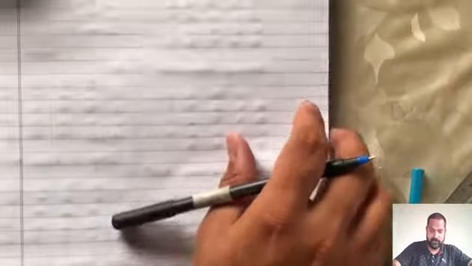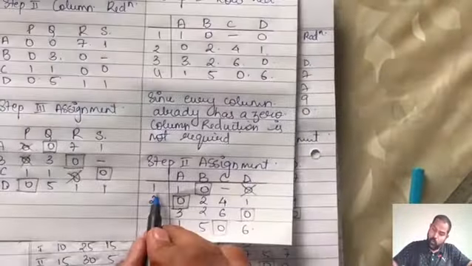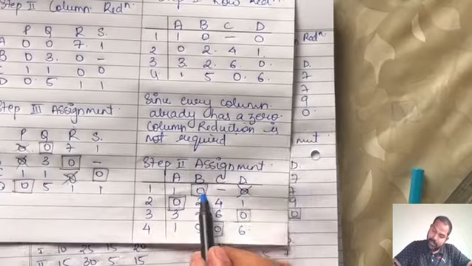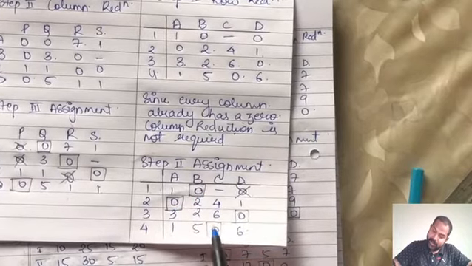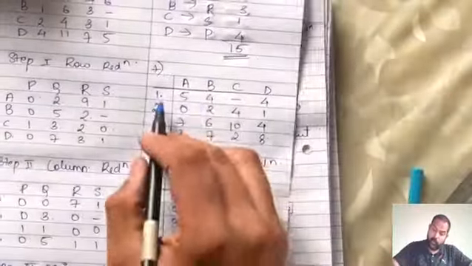What is your answer? Well, your answer is 1, 2, 3, 4. One goes to B, so it's B, A, D, C. If 1 goes to B, 1 going to B can be done in 4.